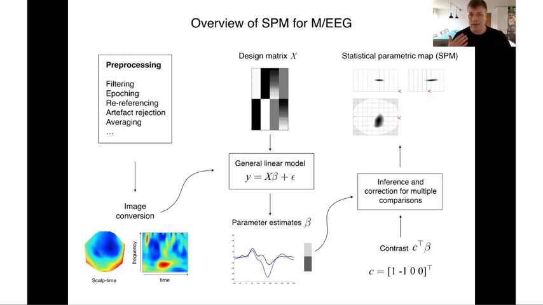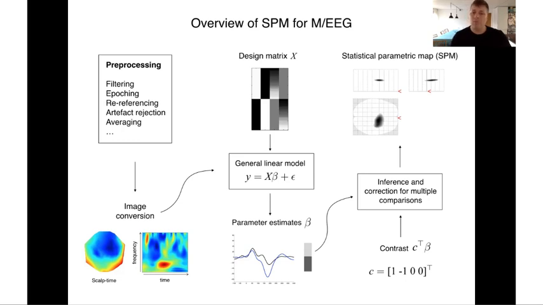So we usually start by defining a design matrix that embodies the experimental factors and confounds. So for example, if we were to compare two conditions, we might use a two-sample t-test or paired t-test, or if we were to compare between groups, say patients and controls, we would use a two-sample t-test.